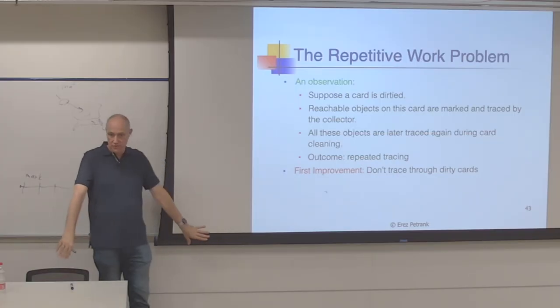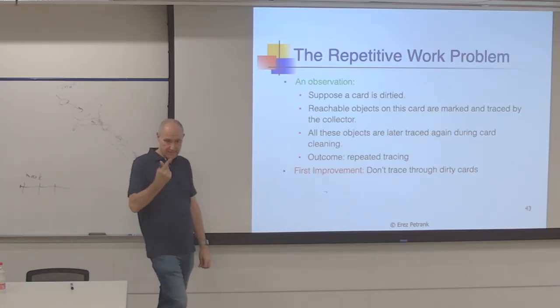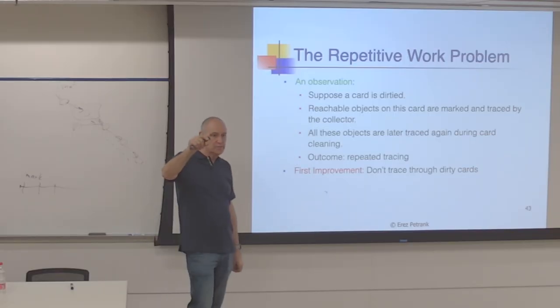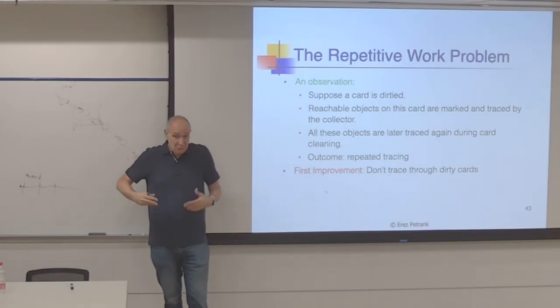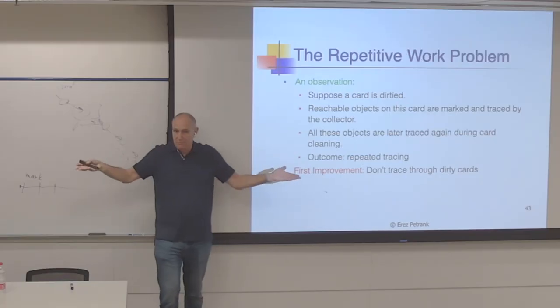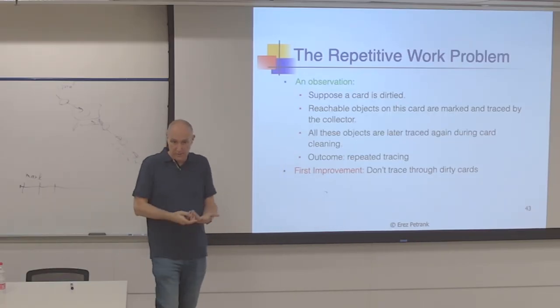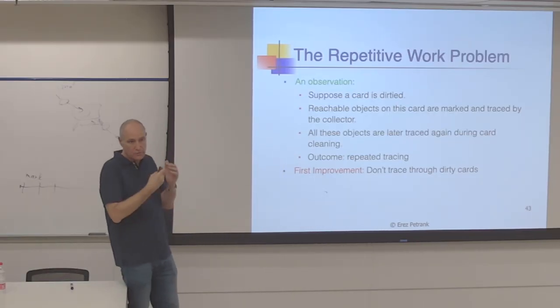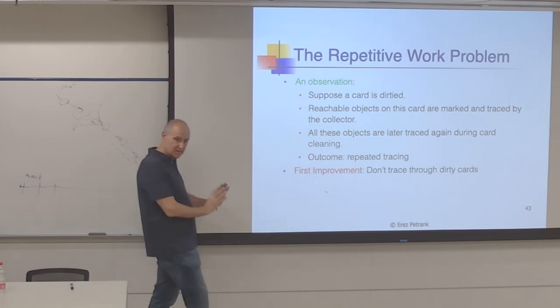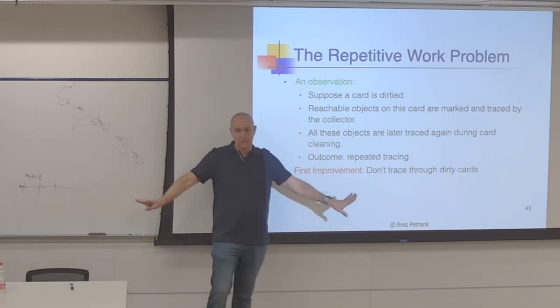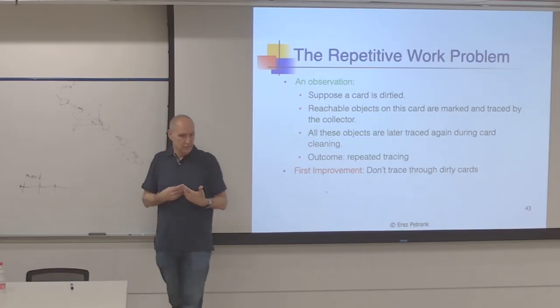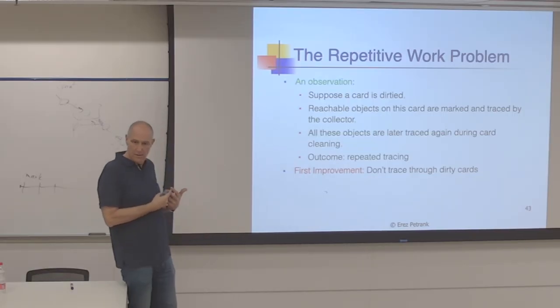I don't go to its children. I know that when I clean the card, I'm going to look at marked objects and look at their children. Why should I look at them now? You will look at them when you get to the card during the card cleaning. So I don't want to look at the children. So I save all the tracing. I do not trace objects that are already on dirty cards.